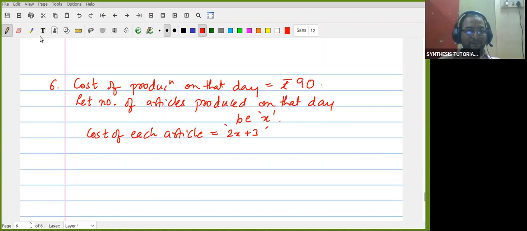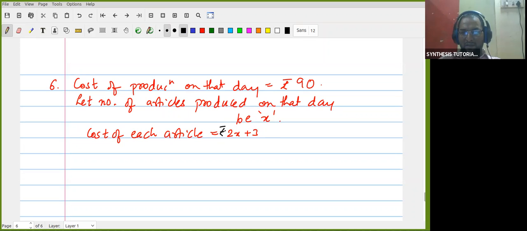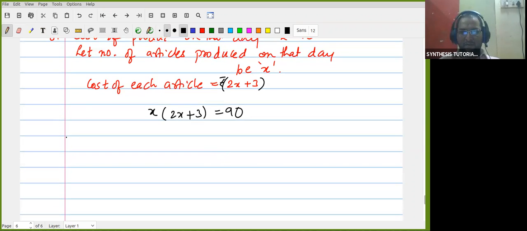This is the cost of each article on that day. Okay, so what we know is that x into 2x plus 3 is rupees 90. Yes or no? Now I don't think you will have problem in solving this.